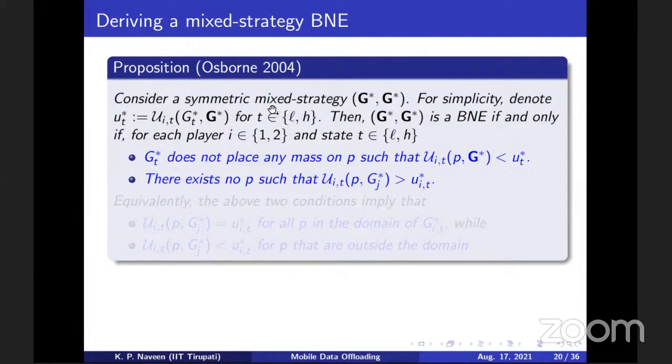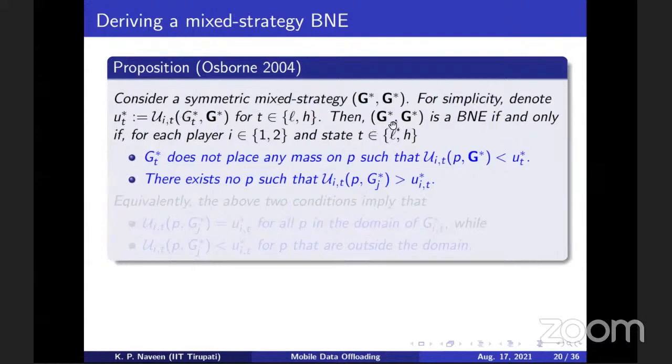I'll just specialize this proposition to our case, and also to the case of symmetric mixed strategy. Now, suppose I have a mixed strategy candidate. I want to find whether it's a Bayesian Nash equilibrium or not. All I have to do is look at the domain of each of these distributions, and let's say this is the utility I receive out of this distribution.